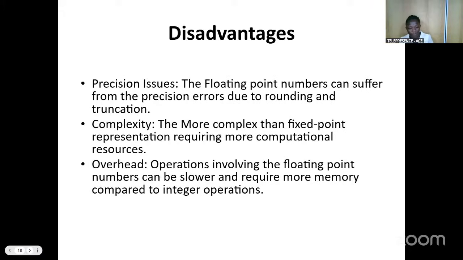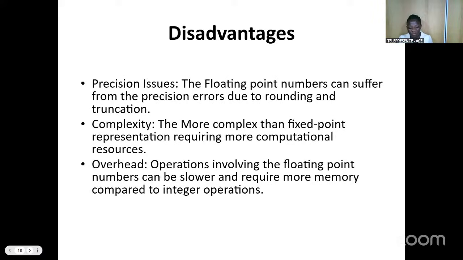And number 2, complexity. Floating point is more complex than fixed point representation and requires more computational resources, and there is the overhead. Operations involving floating point numbers can be slower and require more memory compared to integer operations.